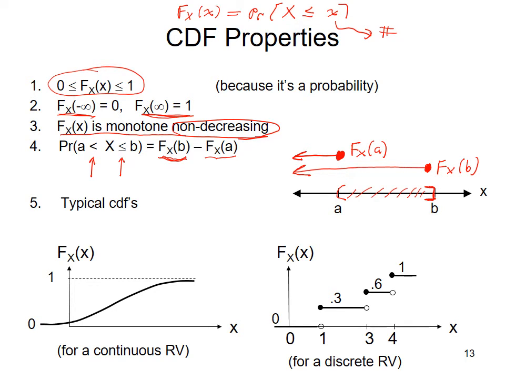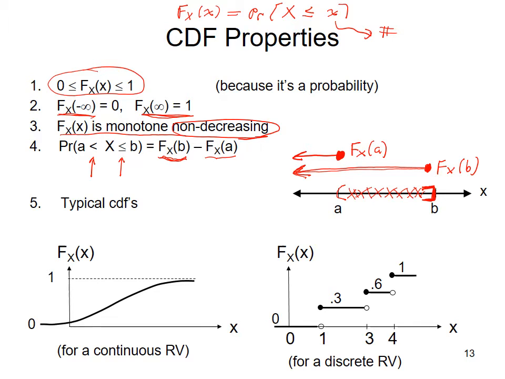Now I want to subtract that off. So notice I'm starting with everything less than or equal to b, including the b, but then I'm getting rid of everything less than or equal to a. So hopefully you would agree that what I've included is the b and all this probability inside here, but I'm subtracting off the point a itself.